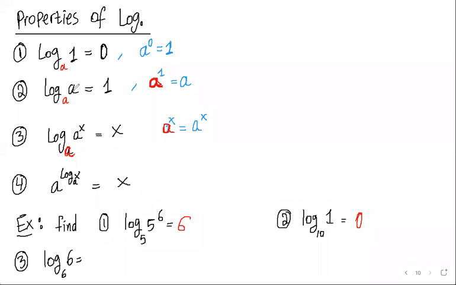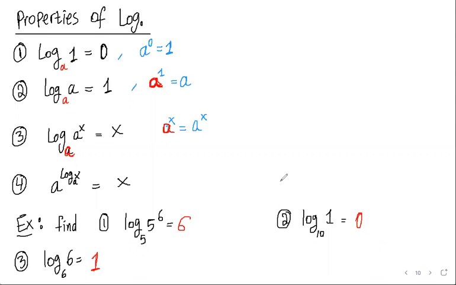Yes, because log 6 to the base 6 is 1. Log 7 to the base 7 is 1. Log 1000 to the base 1000 is 1. So the answer here is 1. Any question? Any question for this?